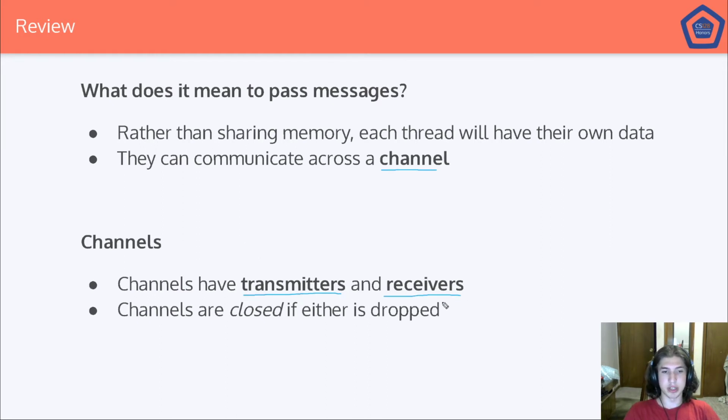Channels have transmitters and receivers, like the MPSC channel: multiple producer, single consumer. And of course, that single consumer very often is going to be our main thread. These producers are going to be the threads we spawn. And basically, the main thread works as a coordinator between the other threads. And a quick reminder, channels close if either of these are dropped.